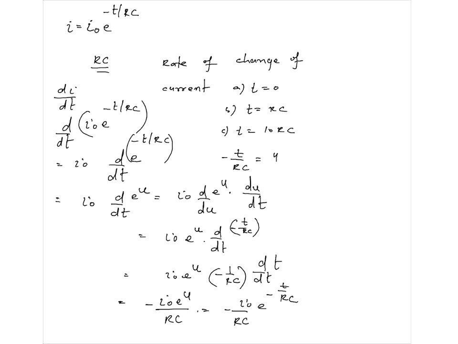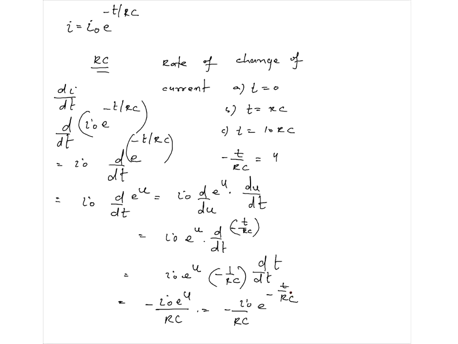Okay, now I think we are done finding the differentiation. So that's di by dt. And now the question is asking you to find that value for different times.